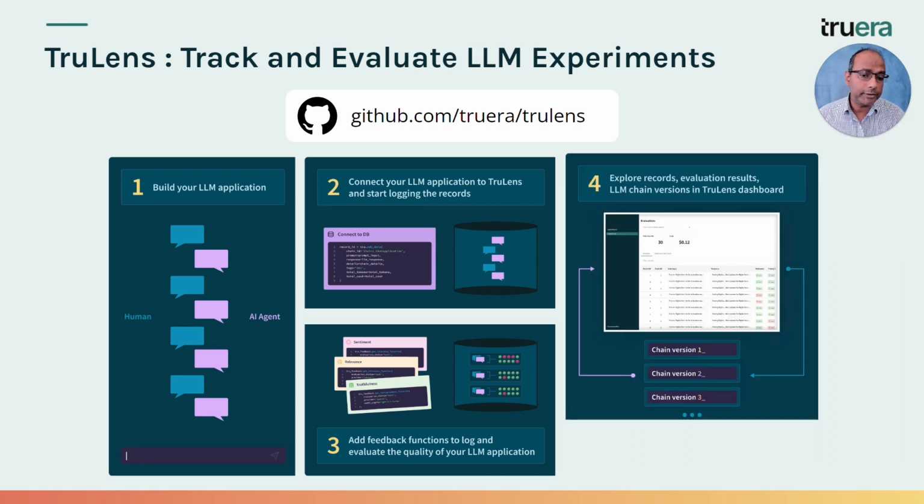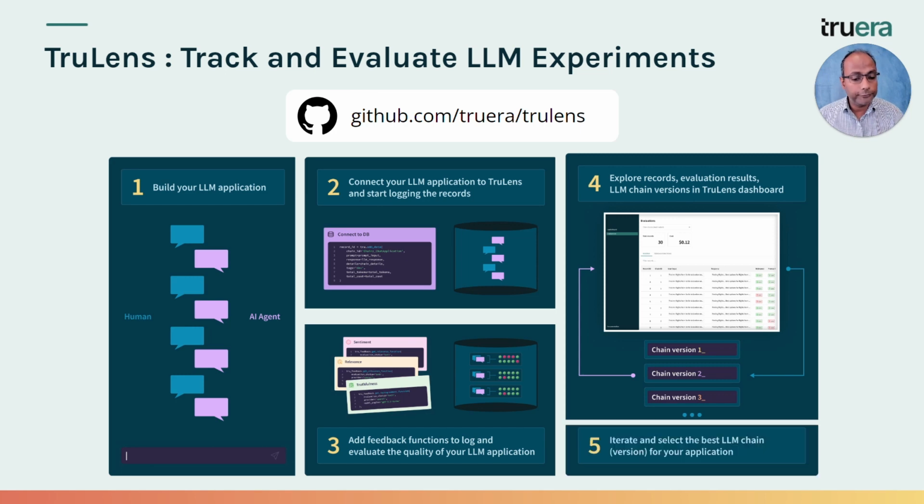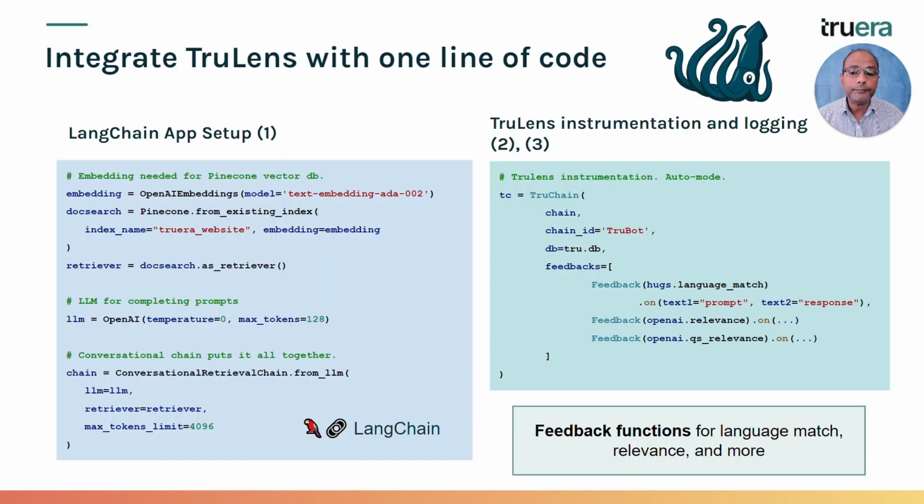Once you have this machinery in place, you can see the results and explore records, evaluation results, and LLM chain versions in a TruLens dashboard. And that can both help understand the failure modes of your LLM applications, as well as get insights that can inform improvement and iteration on these applications and help you with selecting the best version for your task.